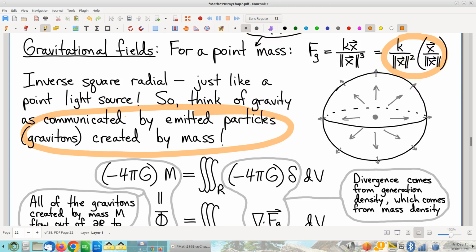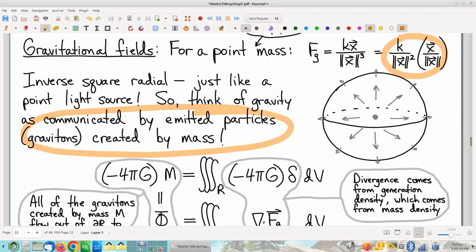And in the same way that light bulbs shoot out photons, we're going to pretend like every little particle of mass shoots out exactly the same way, little kind of photon-like particles, but they're going to call them gravitons to acknowledge the fact that these are describing gravity.